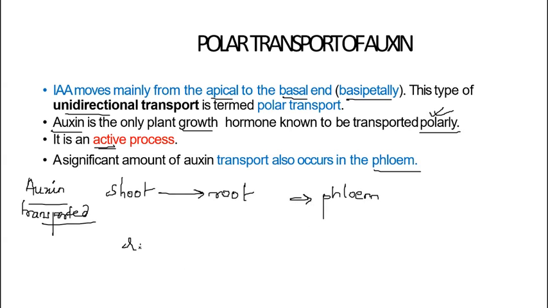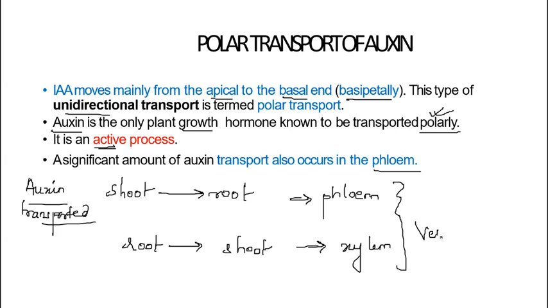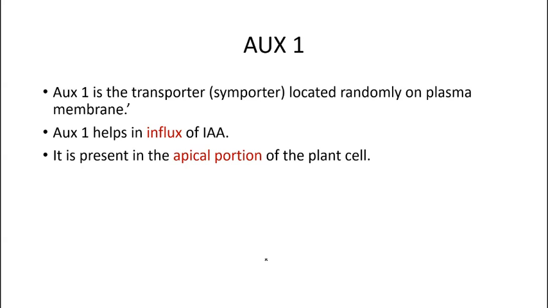If it is transported from root to shoot, then the vascular system involved is xylem. Now this is very important to remember because questions came from this topic. The ones which I highlight are very important, so give extra focus because questions mainly come from those topics.